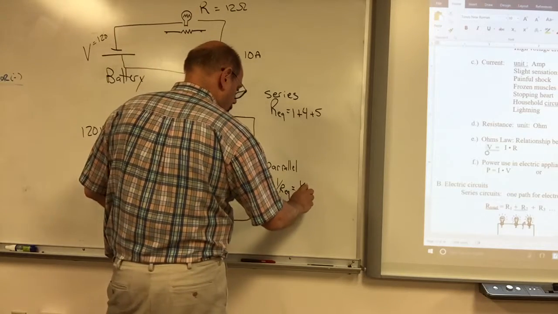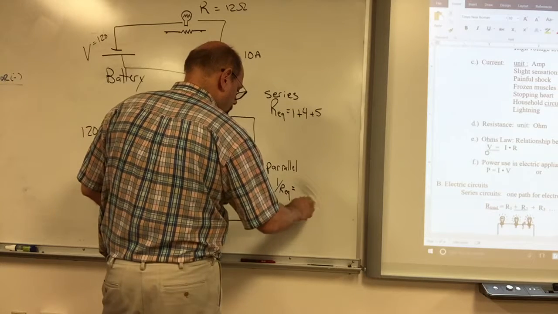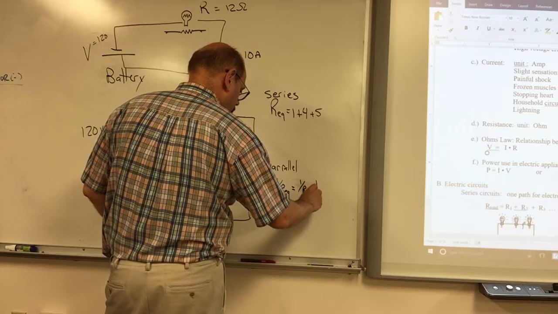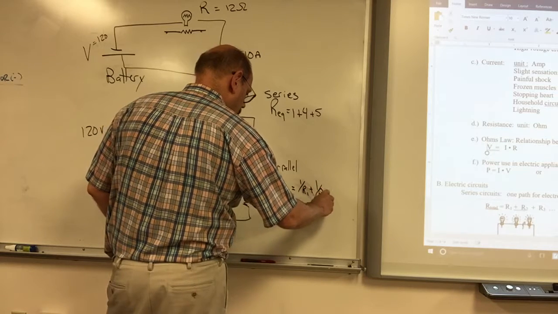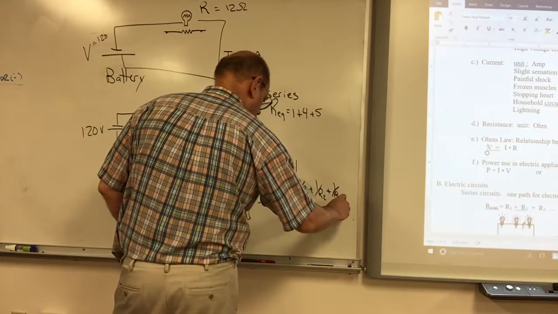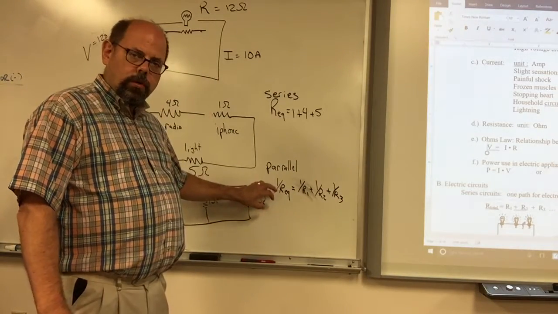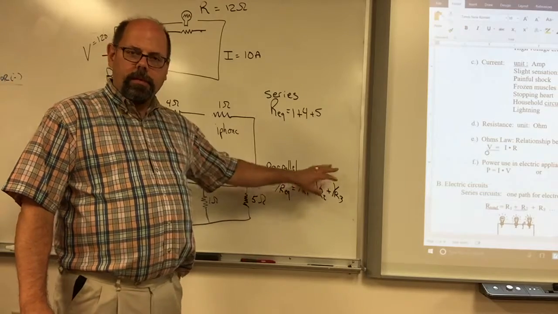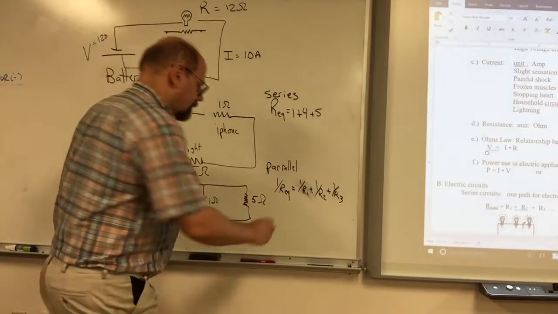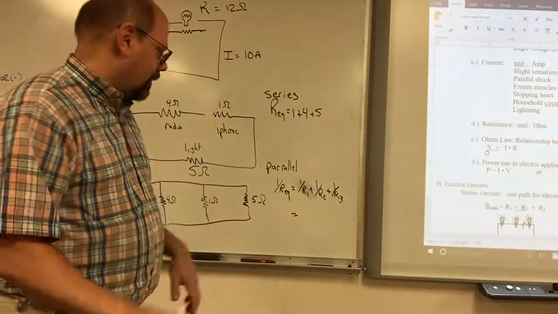Let's write it this way so you see the numbers first. It's 1 over R1 plus 1 over R2 plus 1 over R3. So the inverse of the total resistance is the sum of the inverses of each resistance. That's a lot of words, but that's the way we're going to solve this.